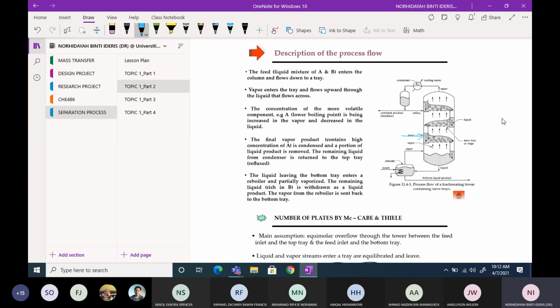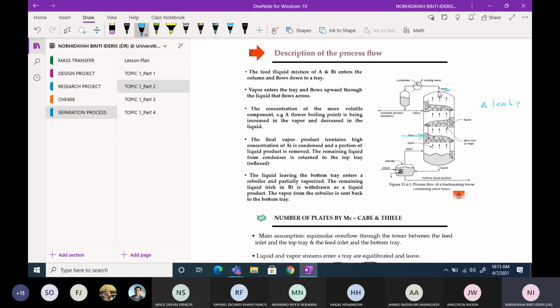By right, component A, with the lower boiling point, will change into vapor and go to the top of the column. So you can see that what comes out from the top of the column is in vapor phase.